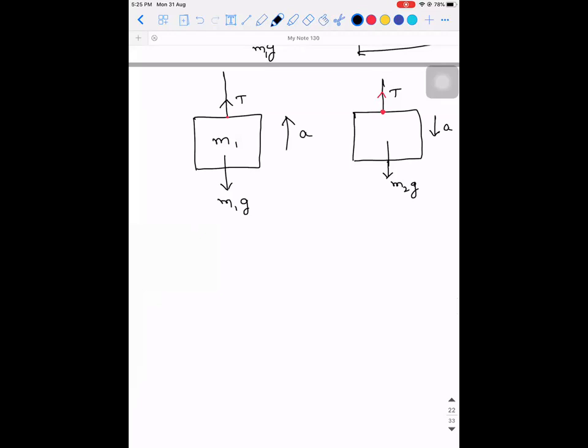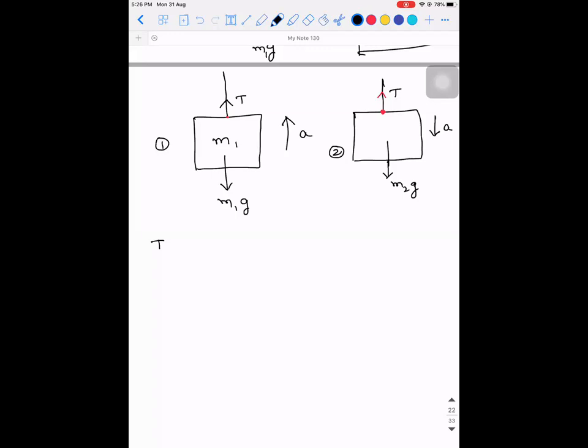Okay. So how to write the equation for the first block?